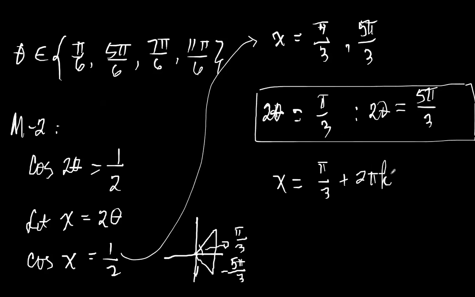right? Since there are infinite values of k that we could use to solve for the value of x, which is pi over 3, all right?